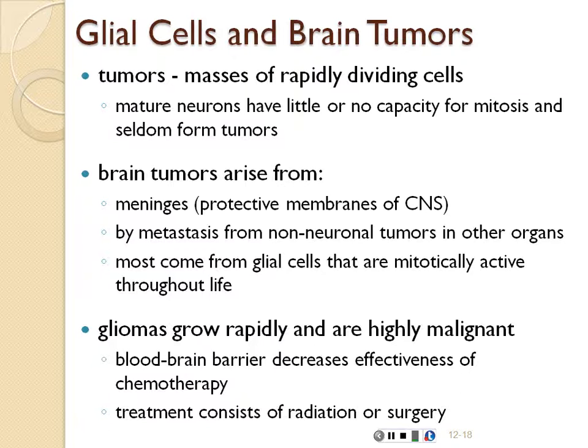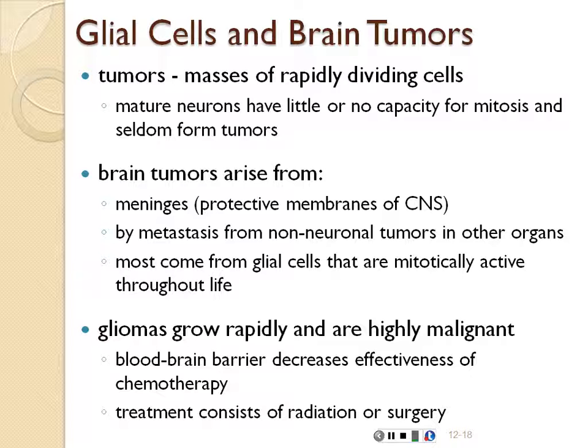Normally, tumors are prevented from occurring by a mechanism called contact inhibition. So whenever cells have other cells next to them, they stop dividing. So there's no reason for cells to divide unless there's space for them to come into. So with tumors, there is no contact inhibition, as there should be.